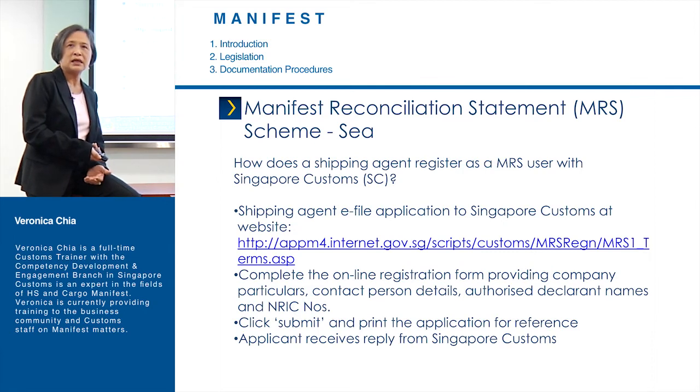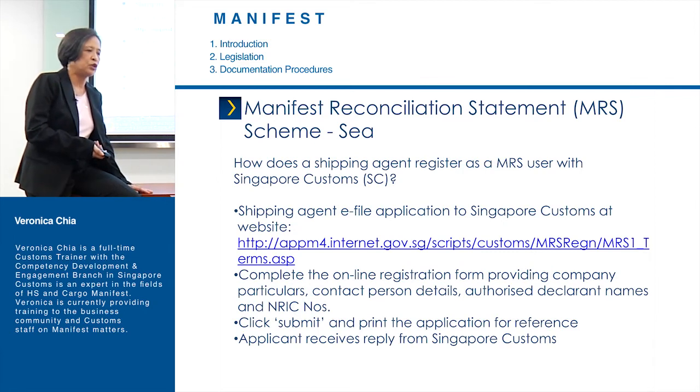Under this scheme, this is how we do the registration. We will request the company to e-file by logging on to our Singapore Customs website, where we have a module in which they can do the registration.